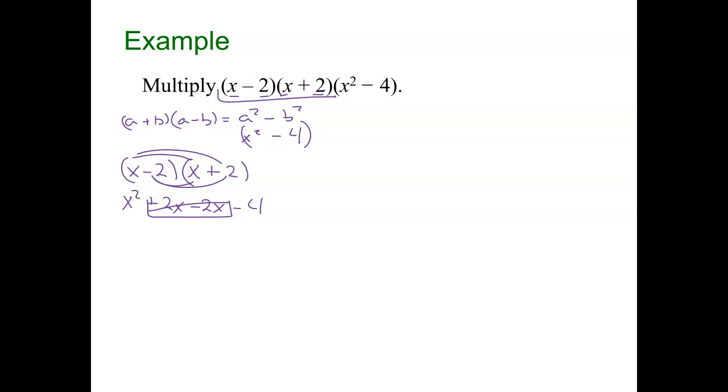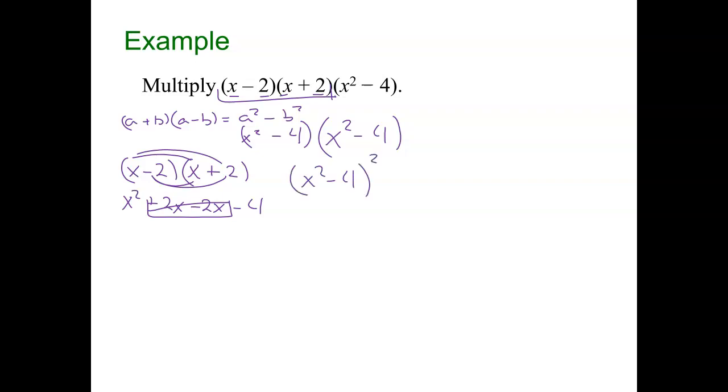Speeds up the process. So now, when I multiply these two together, I still have this other x squared minus 4. So you could go through and you could distribute again. Okay? But notice now that we have a binomial squared, I had the same thing twice.